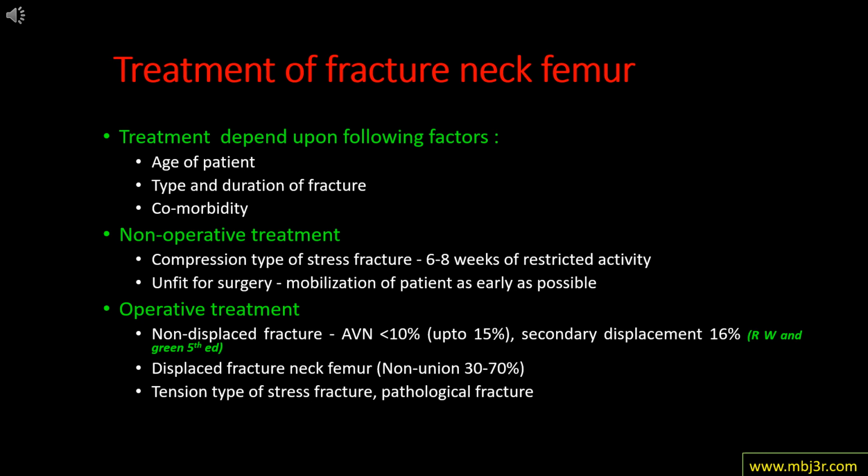Tension type of stress fractures and pathological fractures, these four types of fractures need operative intervention. Non-displaced fracture, secondary displacement can happen, that is why it is better to fix it. Displaced fracture neck femur, you have to fix it. Tension type of stress fractures and pathological fractures, you have to operate.